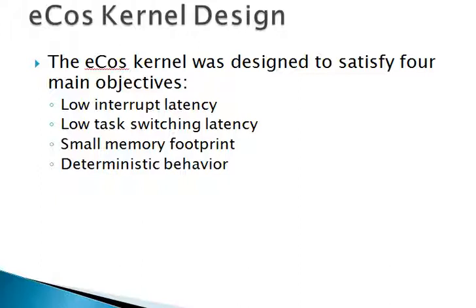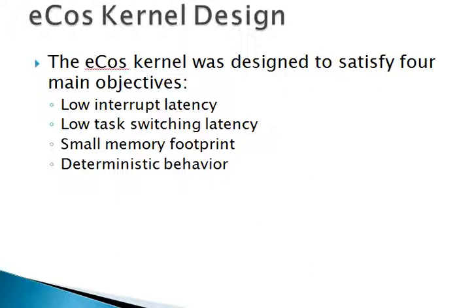eCos kernel design. The eCos kernel was designed to satisfy four main objectives, that is low interrupt latency, low task switching latency, small memory footprint, and deterministic behavior. Coming to low interrupt latency, the time it takes to respond to an interrupt and begin executing an ISR.